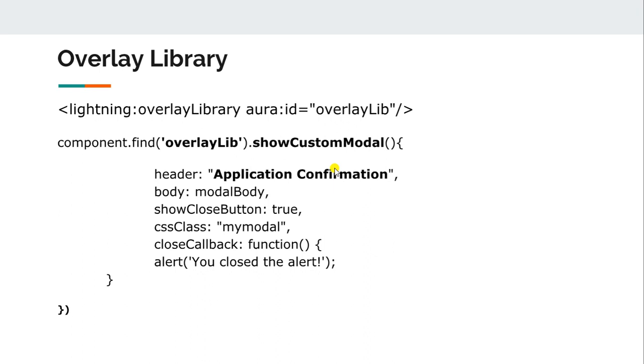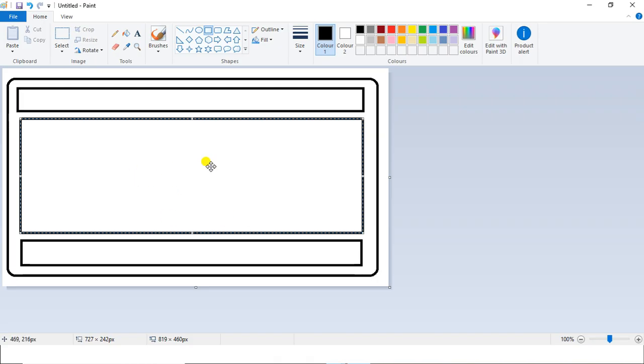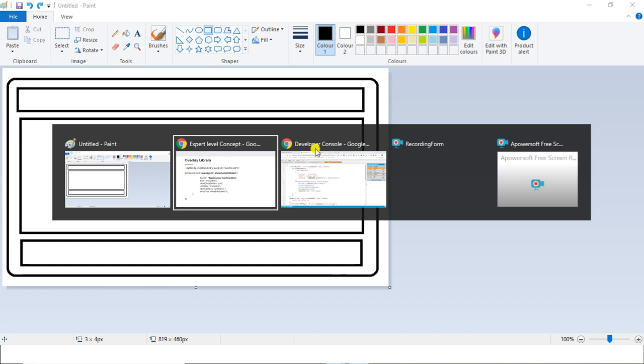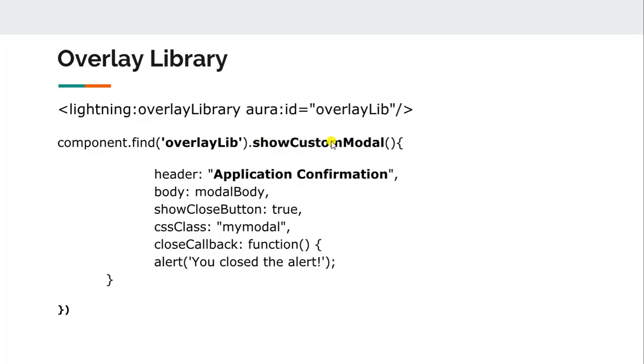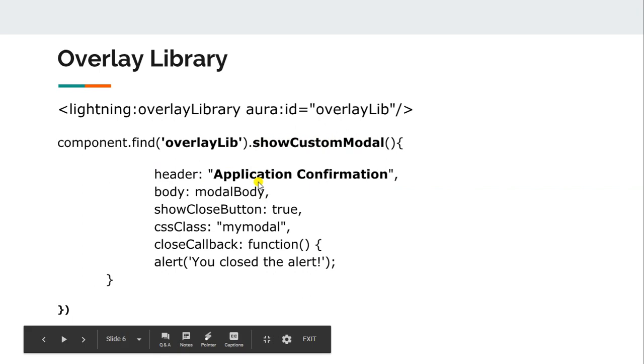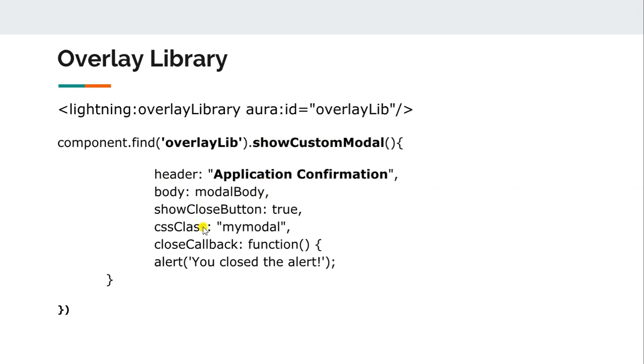If you see here as well, a header section, a body, and we don't have a footer over here. The same thing is provided by the lightning overlay library. It has a custom method called custom modal. You can use that one and then provide the required parameter values that you want.